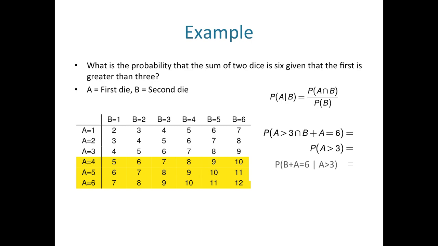So if, say, second row, first column, it means that dice A equals 2, dice B equals 1, and the sum of the two is 3. We want to look into the conditional probability that, given that we know that the first dice is greater than 3, what's the probability that the sum is going to be 6? So basically we're looking at P of the sum equals 6 given that A is greater than 3.